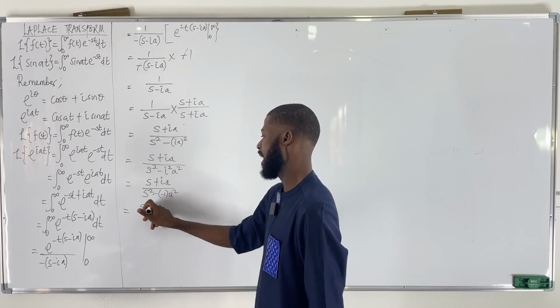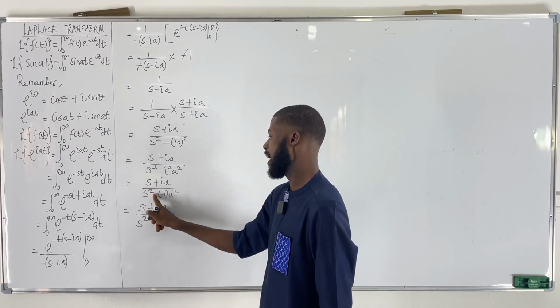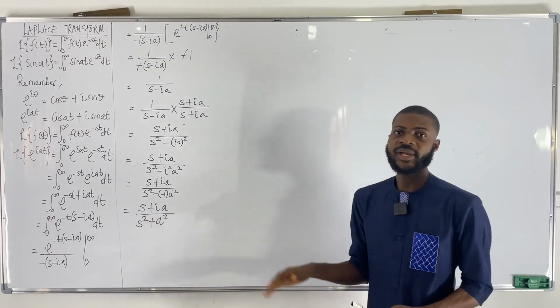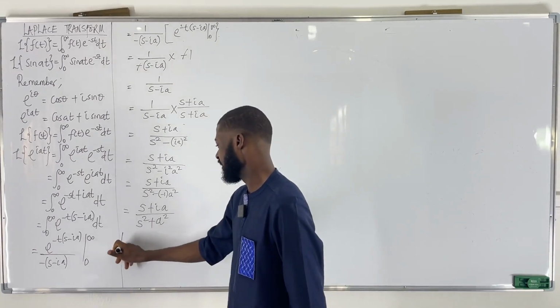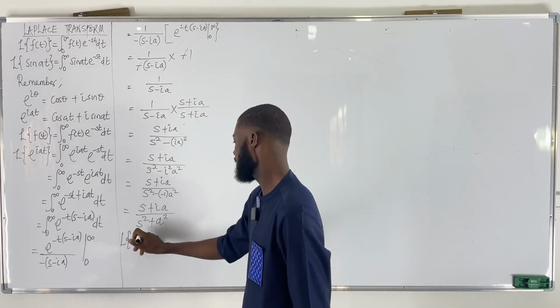So this will become s plus ia divided by s squared, minus times minus is plus, and then you have a squared. Now we are almost done. So this will be the Laplace transform of e to the, where is that?